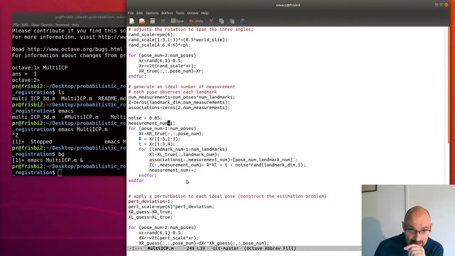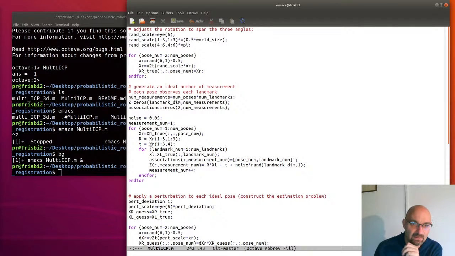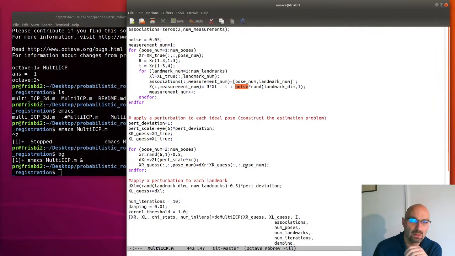Okay, so next, we generate the measurements, right? We fill in our measurement vector by, for each pose and for each landmark, throwing in the association vector to produce the predicted measurement, okay? And we apply a perturbation to this measurement with a certain noise.